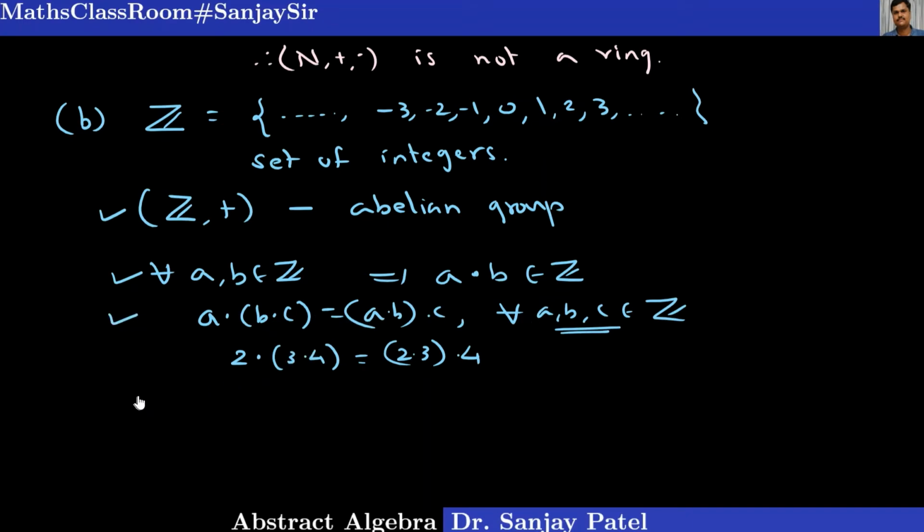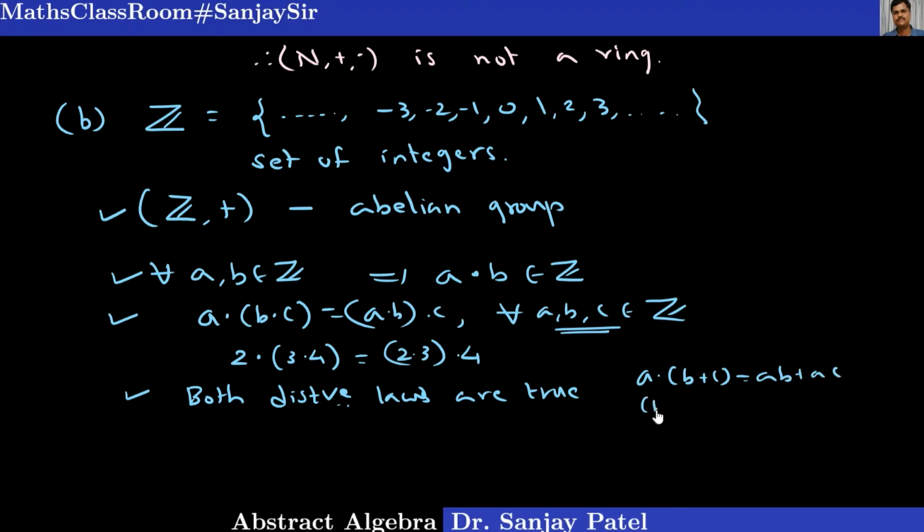And both the distributive laws also hold true. That is, a dot (b plus c) is equal to ab plus ac, as well as (b plus c) dot a is equal to ba plus ca.